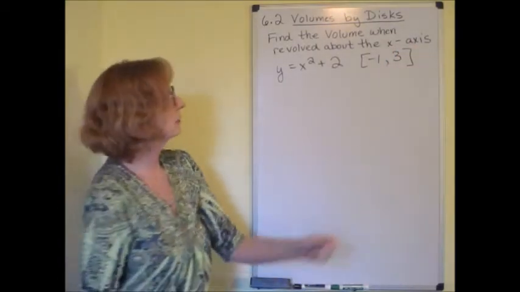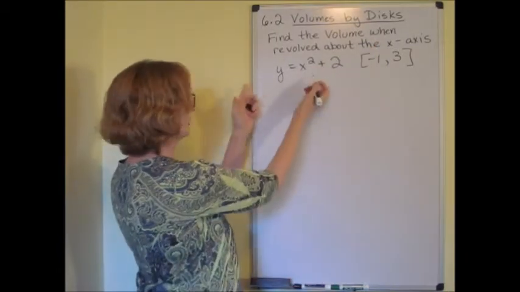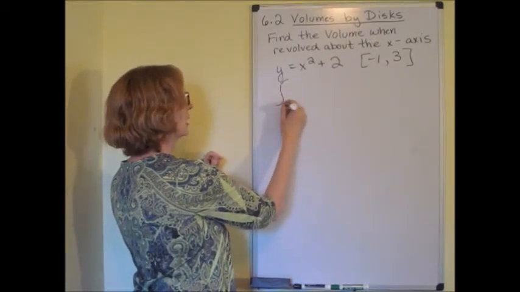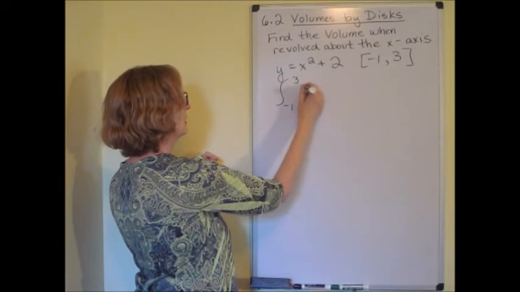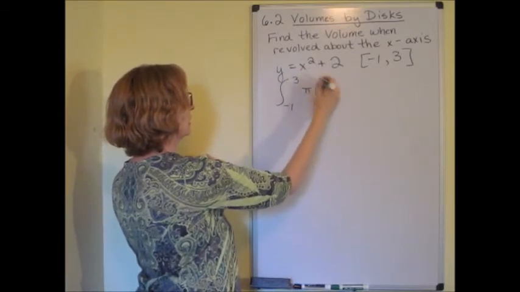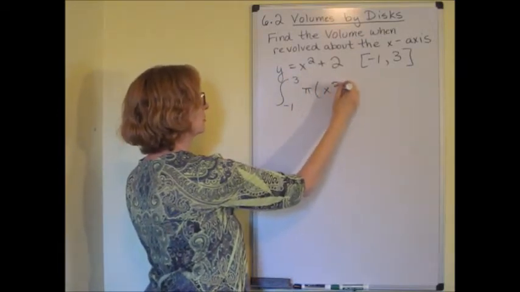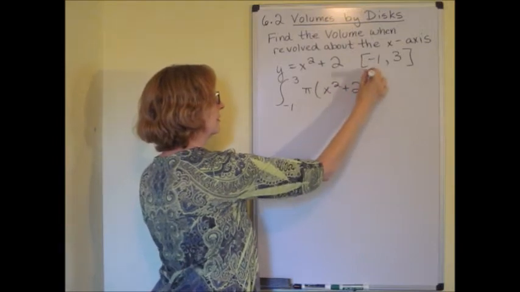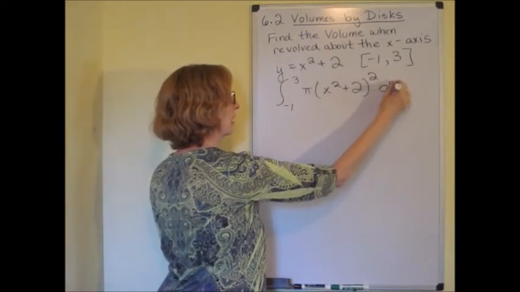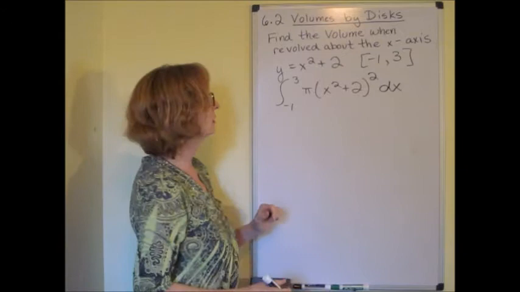Since we're revolving it around the x-axis, I'll just go from -1 to 3 pi, and my radius is just the function x squared plus 2, and then square that and around the x, so dx.